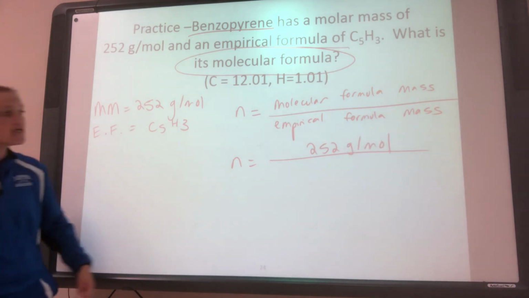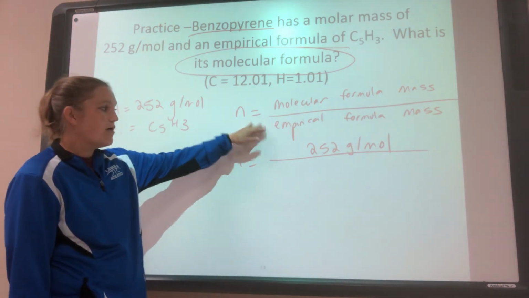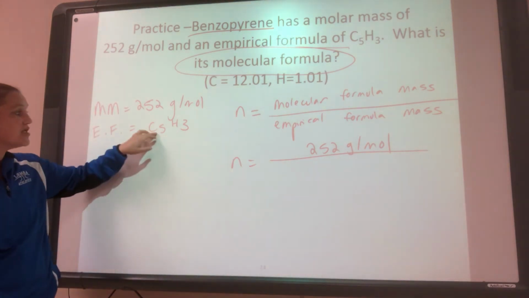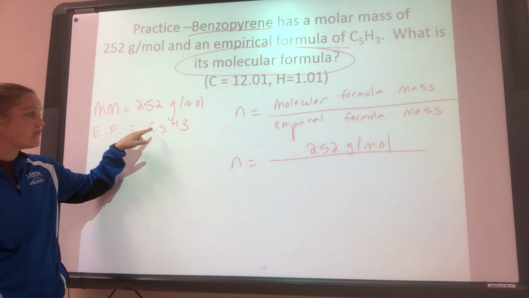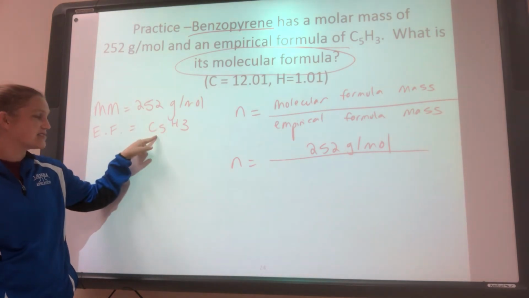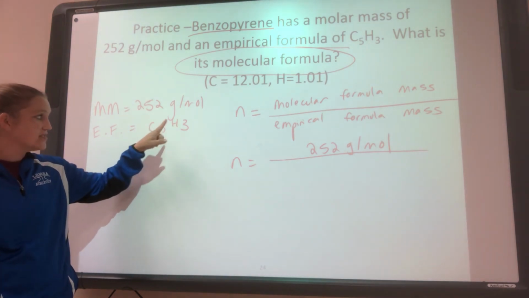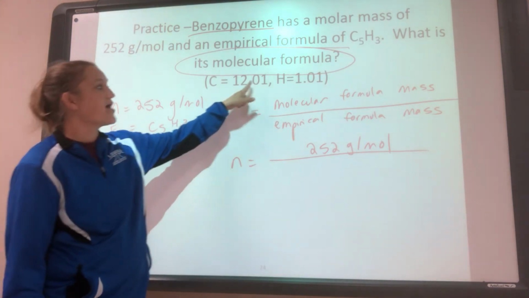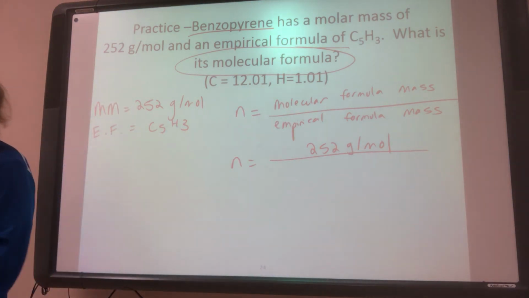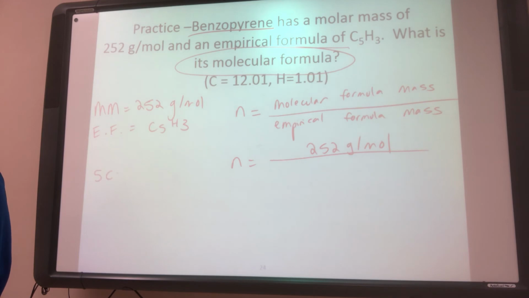The next one is the empirical formula mass. Well, they don't give me that, but they give me the empirical formula. So if I know the formula, I can calculate the mass, okay? Because I know there's 5 carbons, 3 hydrogens, and I know the mass of each one. So if I have 5 carbons, each of the carbon is 12.01.